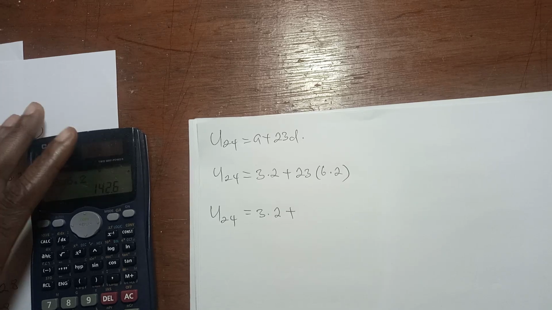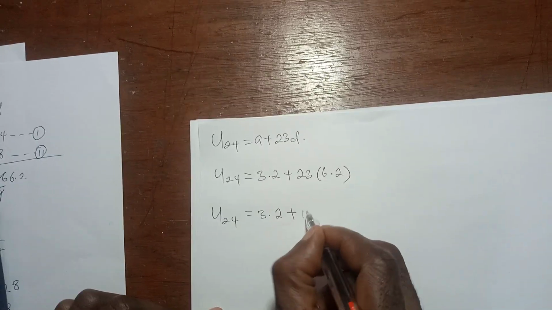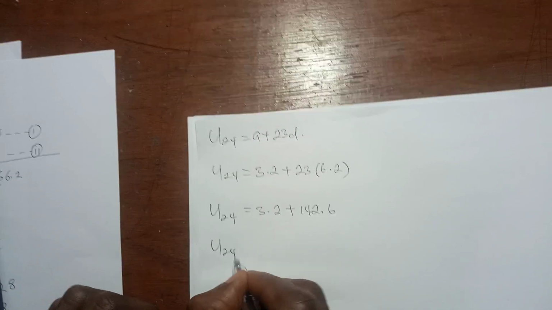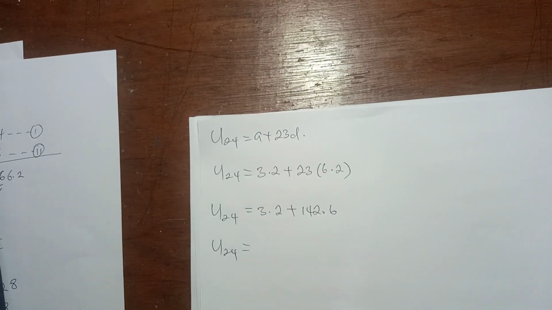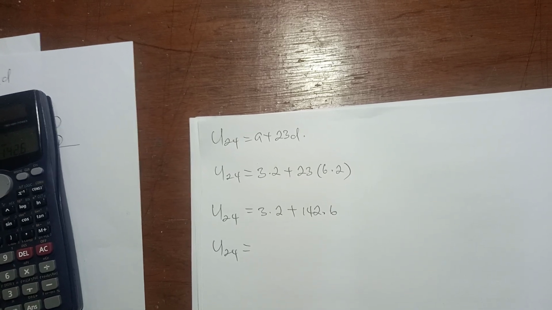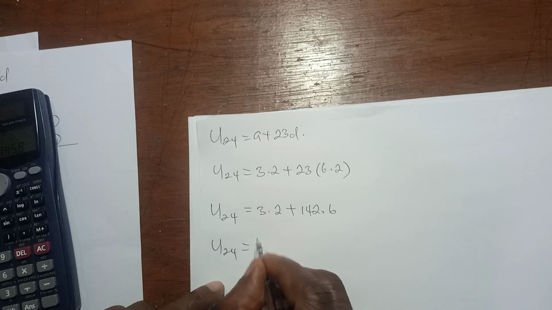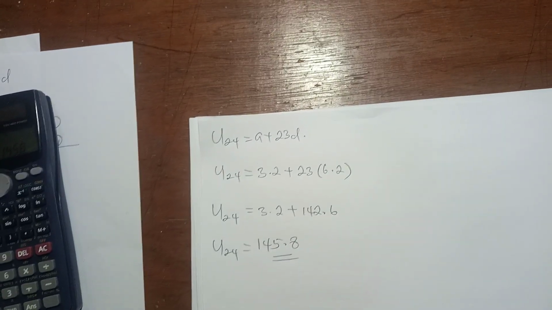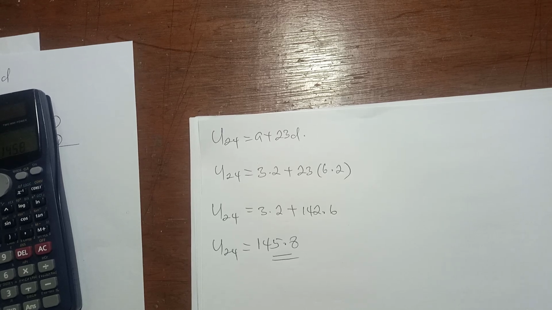That will give us 142.6. So we have that our U24 is equal to 3.2 plus 142.6. That will give us 145.8. And this is the value of our 24th term.